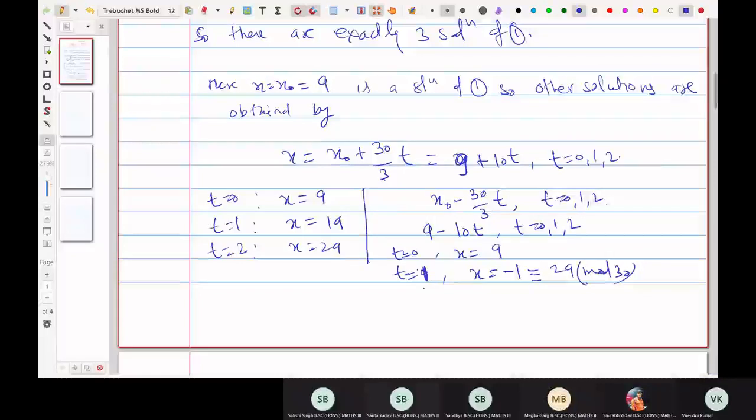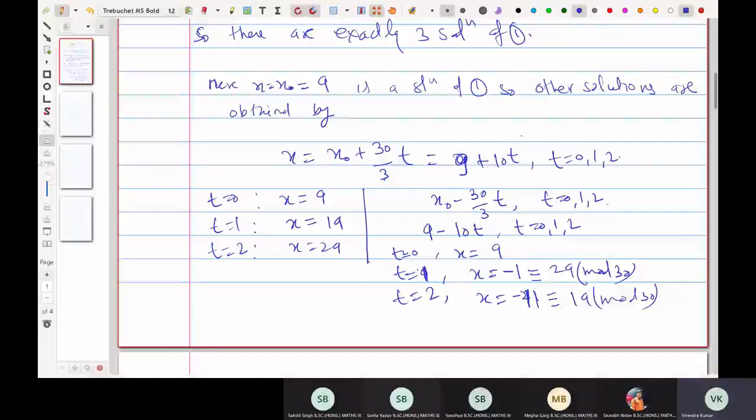And again, if you are taking t equals 2, then you will be getting x equals minus 20 plus 9, so minus 11, and this minus 11 is congruent to 19 modulo 30.